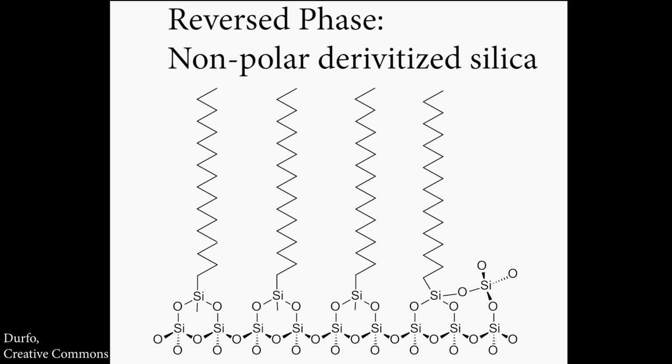So we've taken polar silica and reversed its phase to be very nonpolar. So now things that are nonpolar are going to have a high affinity for the column and take a long time to come out. So the nonpolar reversed phase C18 column, as this is called, is going to be by far the most popular way to do analytical separations with organic molecules.